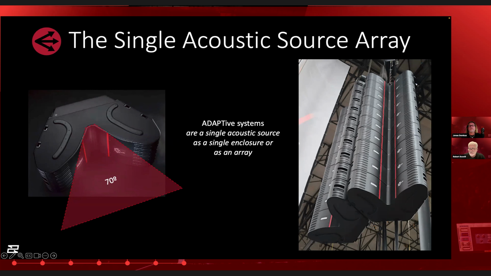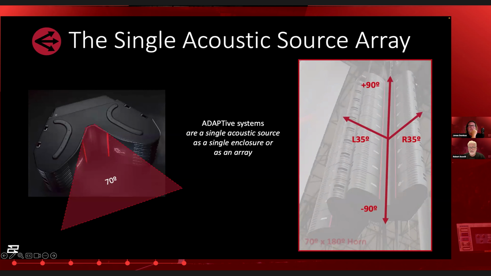And as we add them together, as we stack them together, guess what? We're creating one big horn. We're not creating a stack of horns. We're actually expanding the mouth of that horn and the capabilities of that horn. If you were to look at it this way, you're creating a 70 by 180 degree horn capability here.